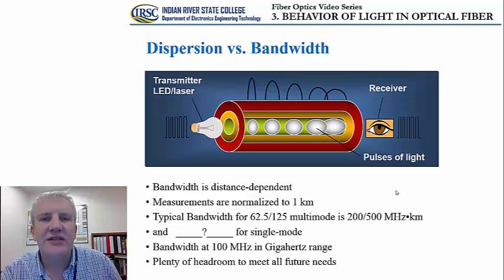And finally, the last part of the lecture was about the dispersion. So we defined what dispersion means, what causes the dispersion, and what are the immediate effects of dispersion on the propagation of the light through the optical fiber, and ultimately on the transmission of the information from its input to its output.